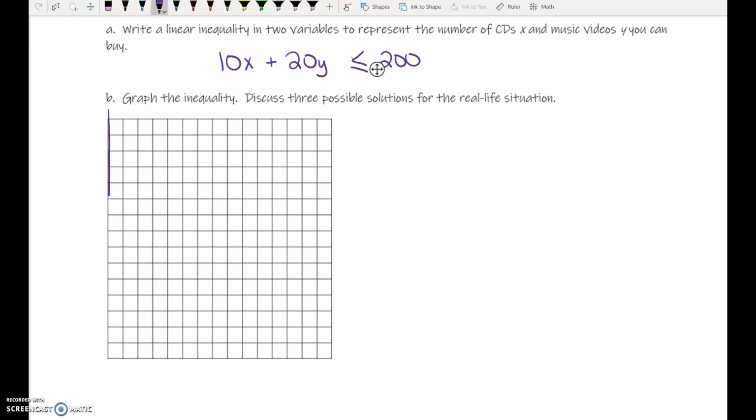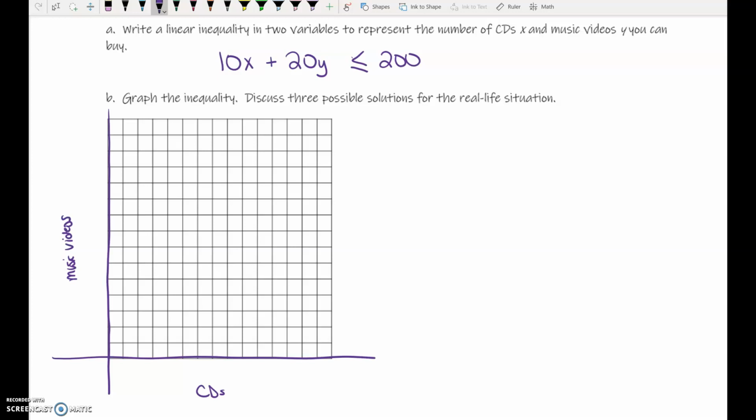And I don't think we can buy negative CDs or negative music videos. So I'm going to make the origin be this lower left corner. And remember, X is the number of CDs that we can buy, and Y is the number of music videos that we can buy.